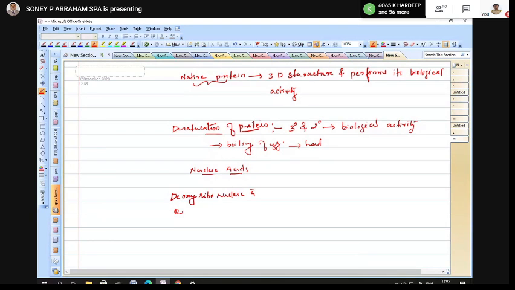So this is DNA and this one is RNA. These are the two important types of nucleic acids.